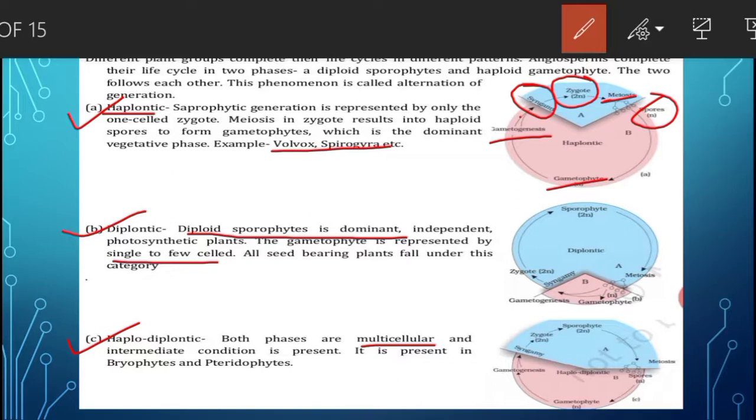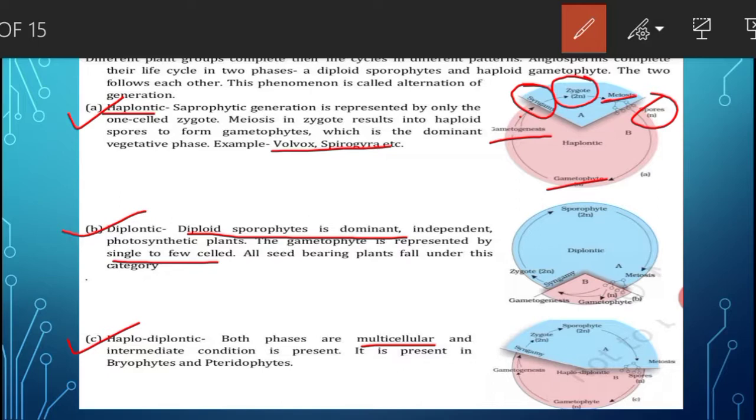Then in the second case, the dominant phase is the diploid sporophyte, which is represented by a dominant independent photosynthetic vascular plant body. It alternates with a multicellular autotrophic, independent but short-lived haploid gametophyte.